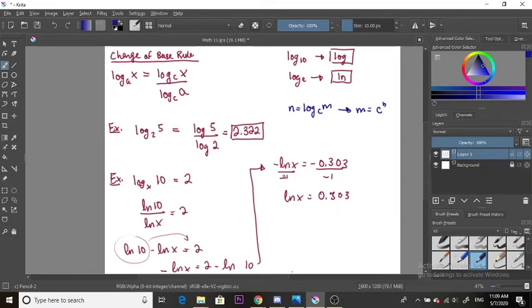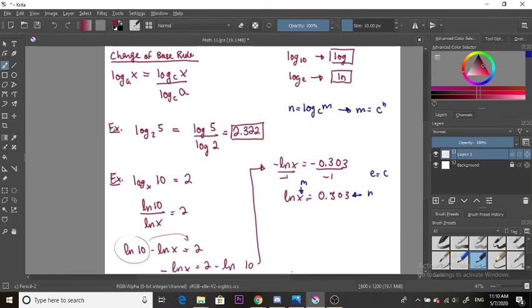So I'm going to transform this. This here is my n. That's going to become my exponent. Now, my base, remember, for ln, it's e. So e is my base. It's equal to c. And then x is my m.